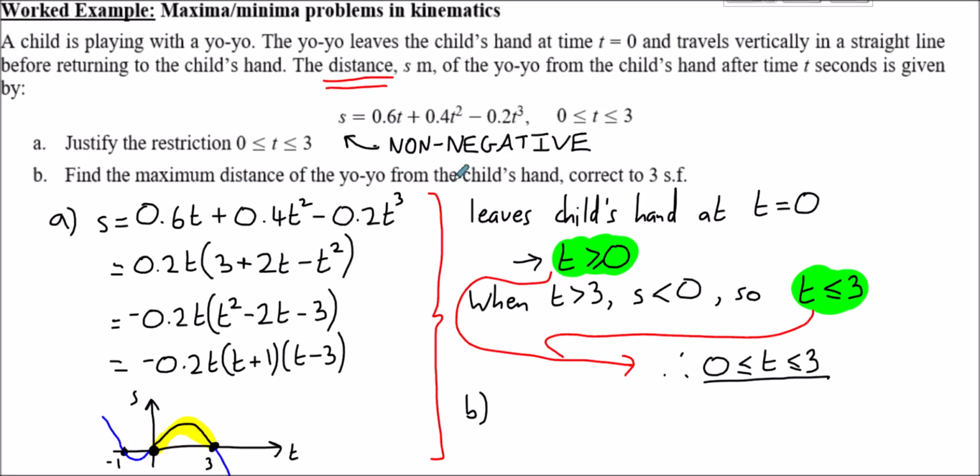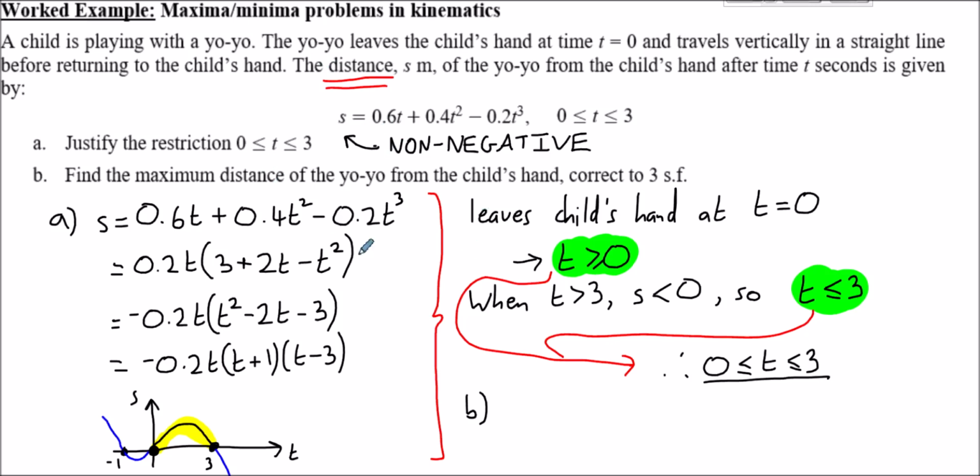Find the maximum distance of a yo-yo from a child's hand. Distance, we solve for s. The distance is going to be at a maximum when it's at a 0 velocity. So it's going to be furthest away when the speed of this yo-yo stops just before it returns to the child's hand. If you're not sure what this yo-yo business is, Google a video on YouTube or something.